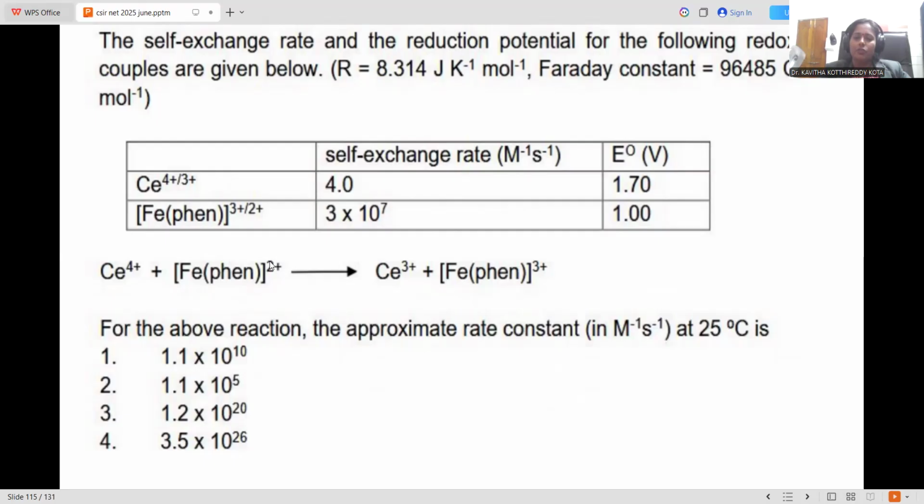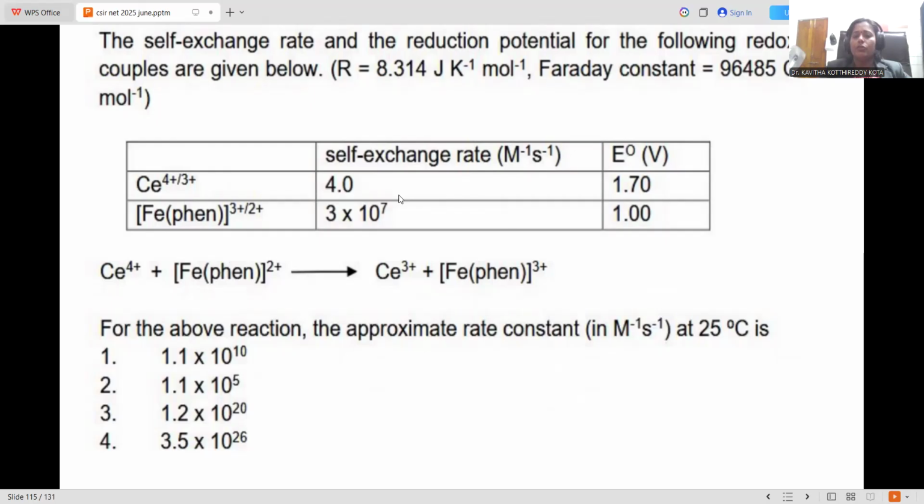The Fe phenanthroline +2 complex has now shifted into the Fe phenanthroline +3 complex. Obviously there is an oxidation, and you can designate the reaction as a redox reaction between cerium and the iron complex. For the above reaction, the approximate rate constant at 25 degrees centigrade is to be calculated.